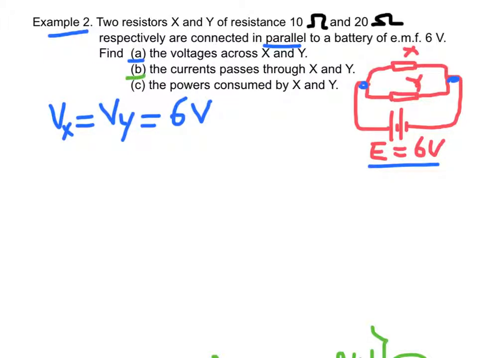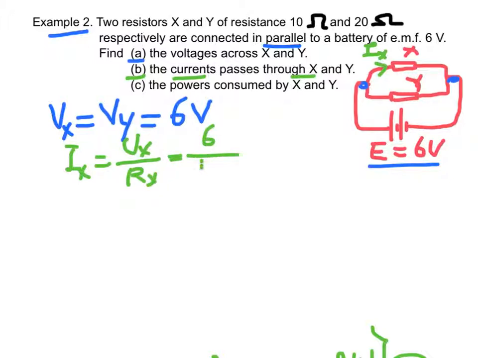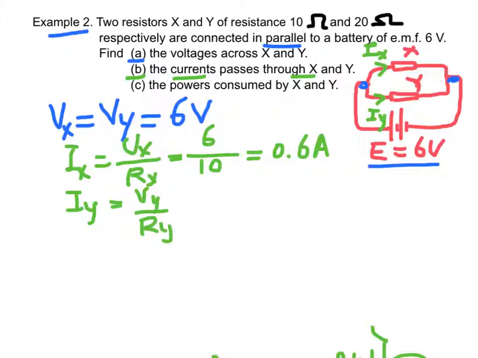For Part B, the current passing through X, Ix, is equal to Vx over Rx, equal to 6 over 10, equal to 0.6 ampere. And the current passing through Y, Iy, equals Vy over Ry, which is equal to 6 over 20, equal to 0.3 ampere.